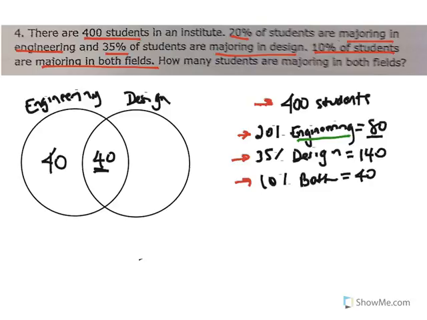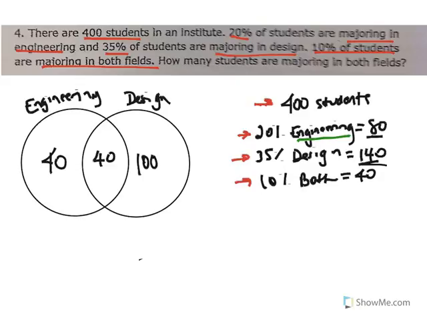Total, I have 80, but I have 40 that are only engineering students. On the design side, I have 40 included in the both category and 140 total, so 100 will go here. In the design category total, there's going to be 140. So this is how I need you to really think about putting numbers in the Venn diagram.